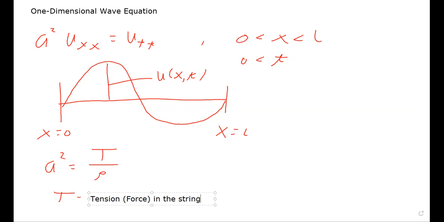Our rho is going to be the mass per unit length of the string.